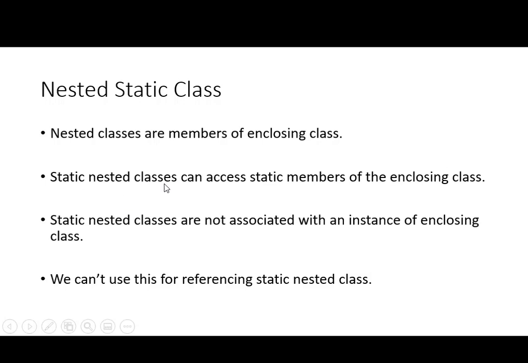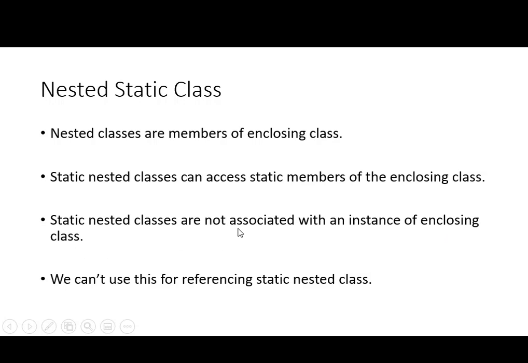Static nested classes can access static members of the enclosing class. So this is very important, that when you are defining a nested class as static, it can only access static members of the enclosing class, or you can say of the outer class. The third point is, static nested classes are not associated with an instance of the enclosing class, right?